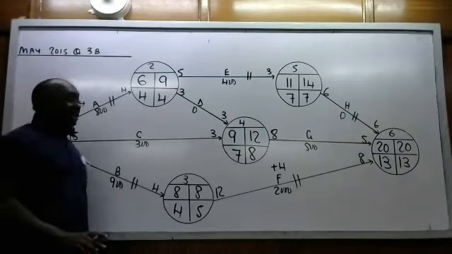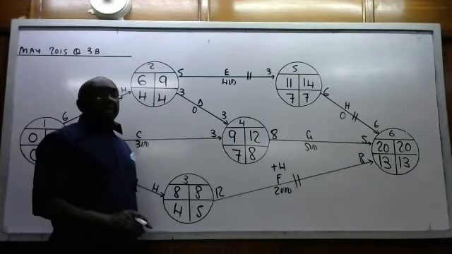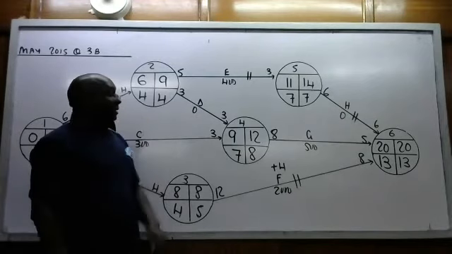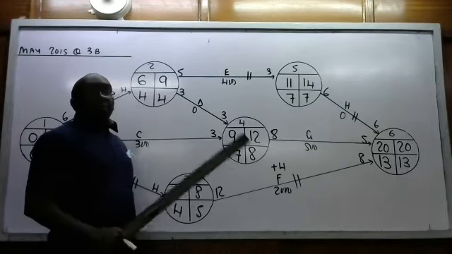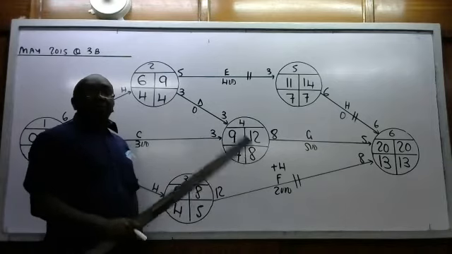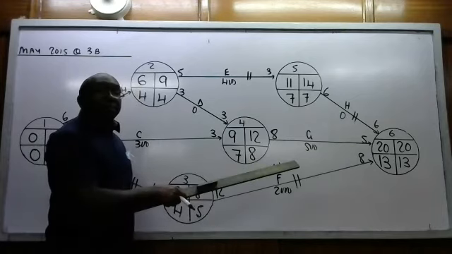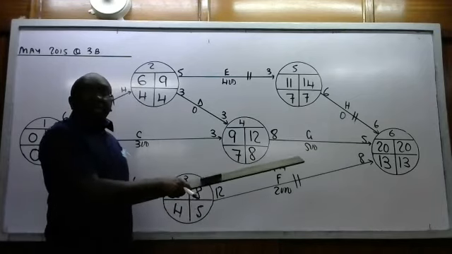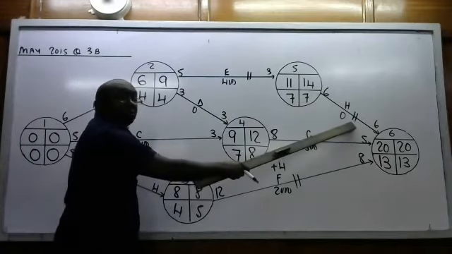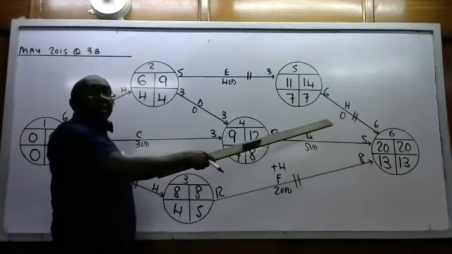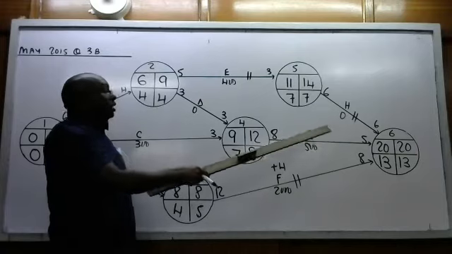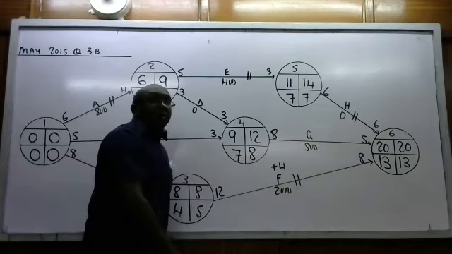The next thing is, I told you it's called certain event. So the certain events are the events that are bounded by the critical or attached by the critical. So you see F is between 3 and 6, and it is only 6 which is touched by the critical for the crash. Remember, we are using the critical for the crash. So if this is the head, then you work backwards.